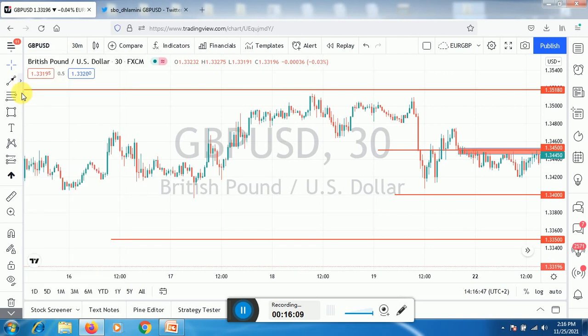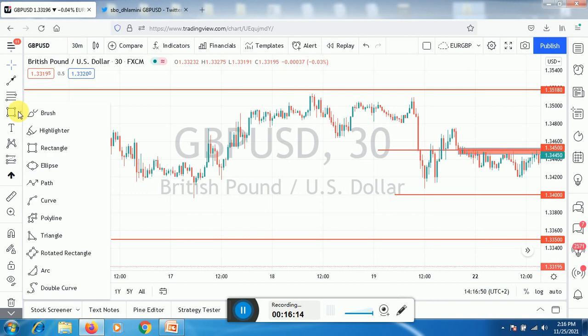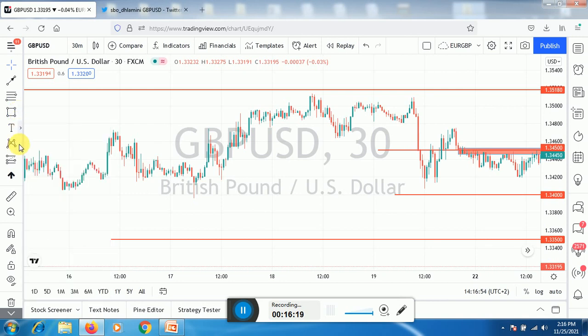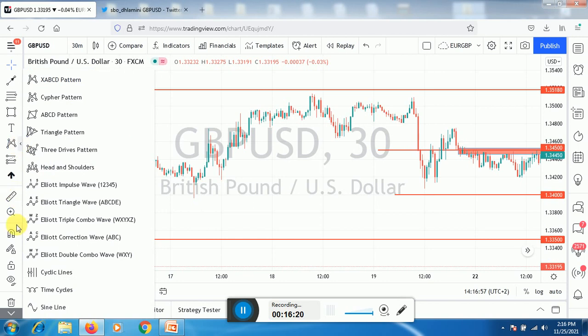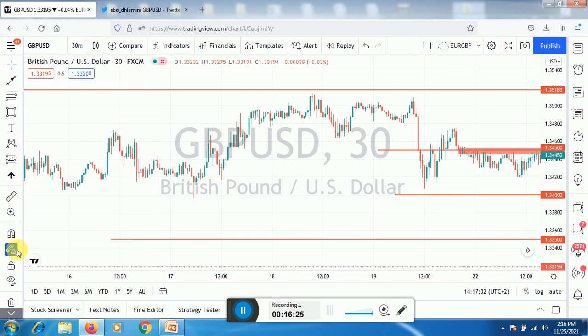I've never actually used the drawing tool on TradingView, but we're gonna try today. Yeah, I know it doesn't allow me to draw.